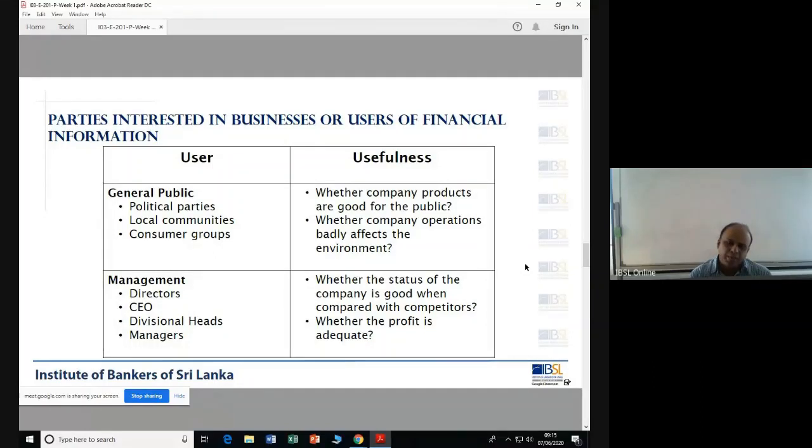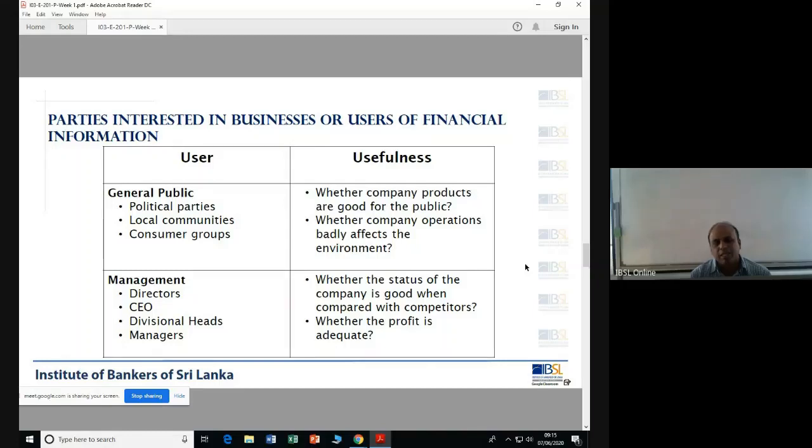But as a general public, I would like to know from a business whether they are contributing towards any of these activities. When you look at their financial information, you might come to know what is the type of business that they are running, what are the products and services that they are offering, whether those products are good enough for the public, whether they are making good operations or badly affecting the environment.